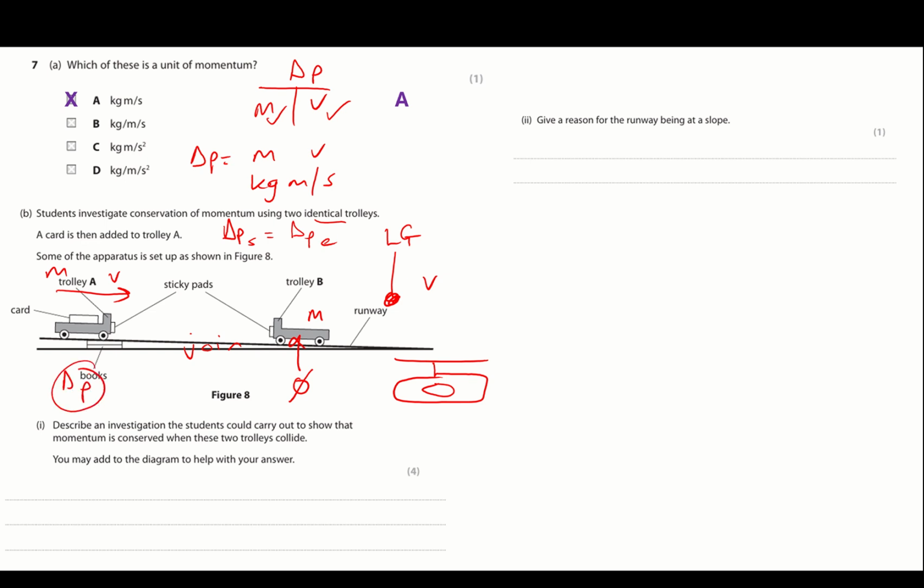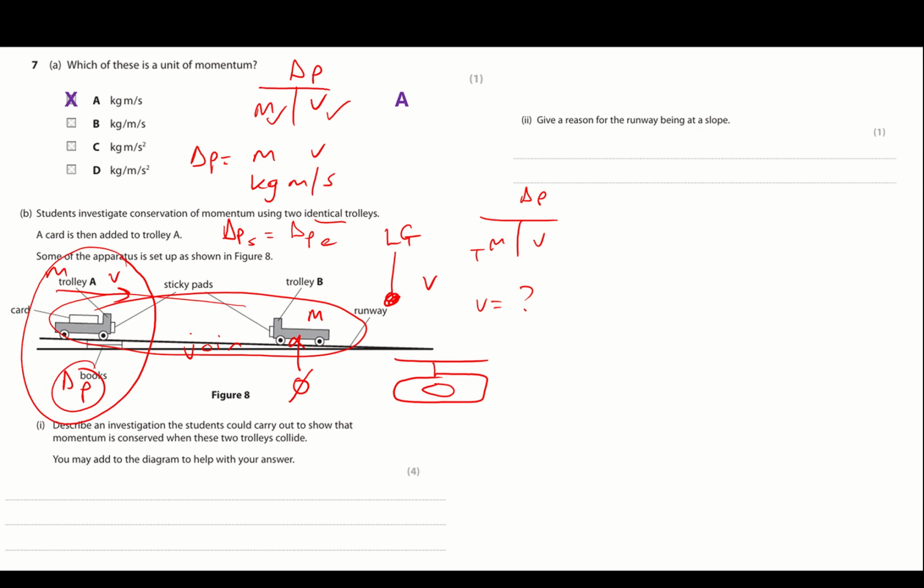We know that this momentum will be shared by the total mass of the trucks. So what we're trying to say is the momentum of this will be shared between the total mass of the two. We've just got to put that into sentences.